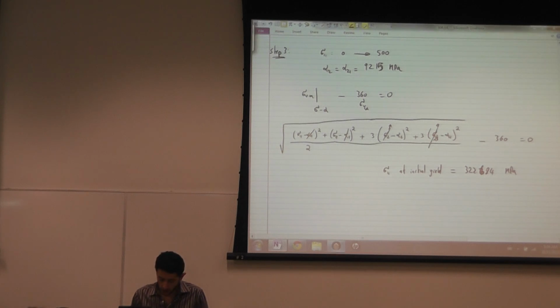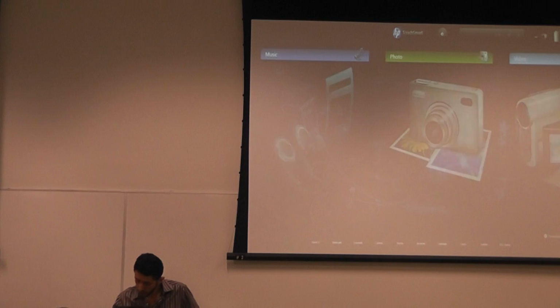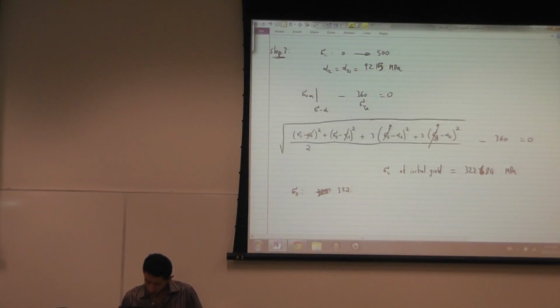Now sigma 1 moves from 322.684 up to 500 in increments of delta sigma 1.